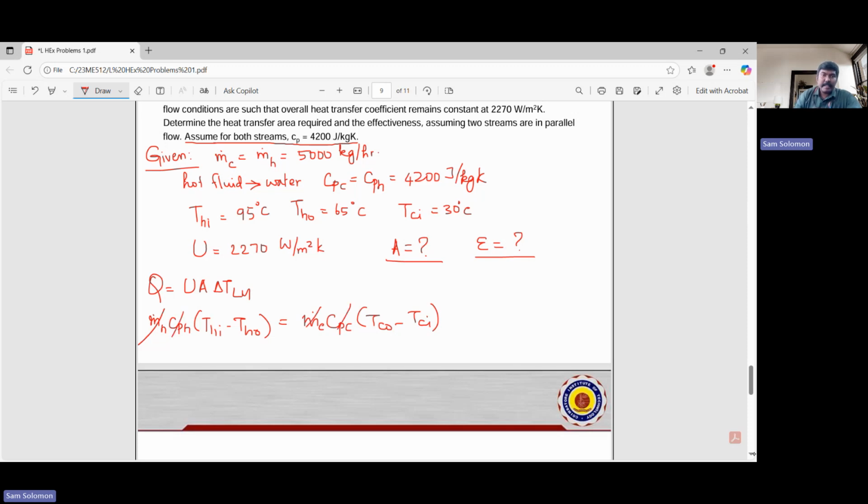That makes our job very easy. So this is going to be 95 minus 65, that is going to be equal to TCO minus 30. So TCO is going to be equal to 60 degrees centigrade. Okay. So if you want to find out Q, Q is going to be equal to, let's say, m dot H CPH THI minus THO.